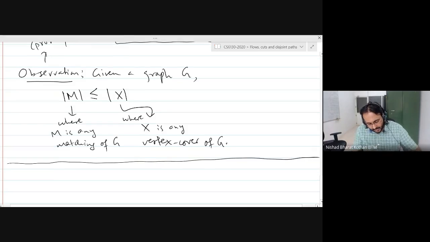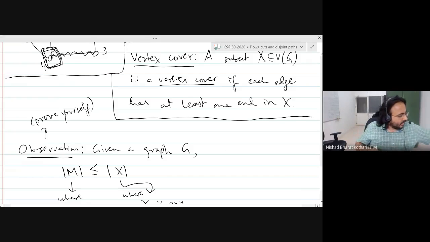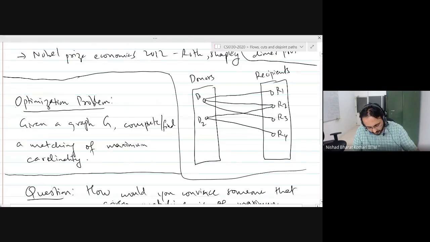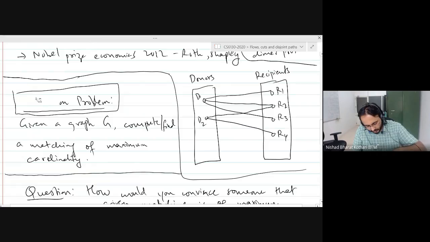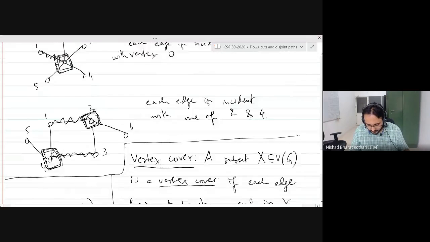All right. And in particular, there is a corollary of this. Before that, let me state a minimization problem. So we have a maximization problem here. Let's think about vertex covers for a few seconds.